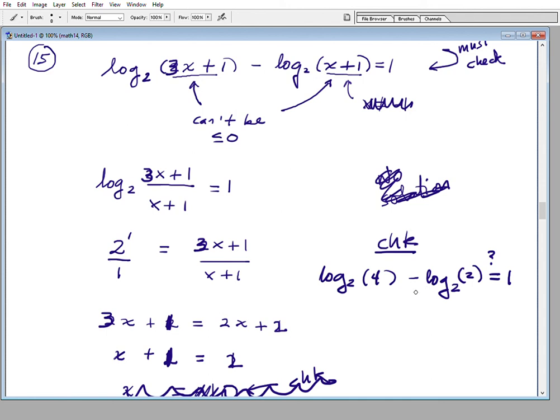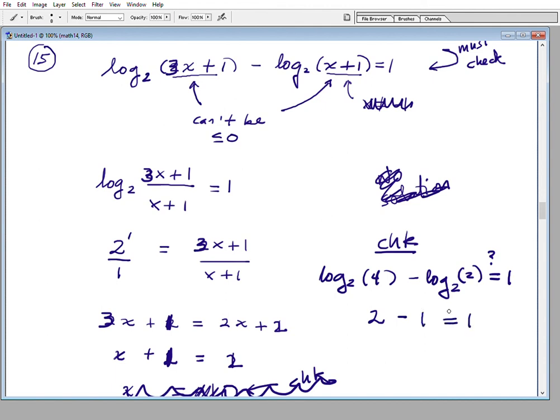Right, x equals 1. So I substituted in here 3 plus 1, we have 4, and 1 plus 1, here we have 2. Log base 2 of 4, 4 is 2 squared, so this is a 2. Log base 2 of 2 is 1.